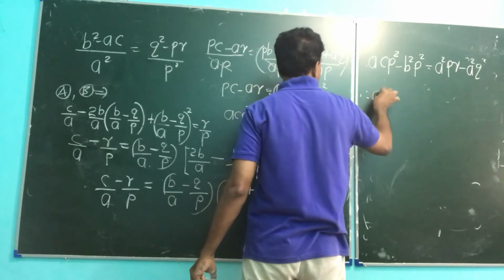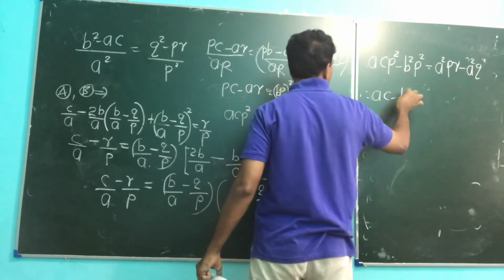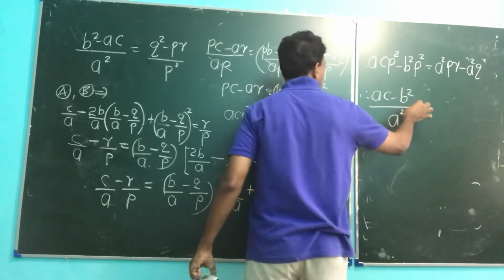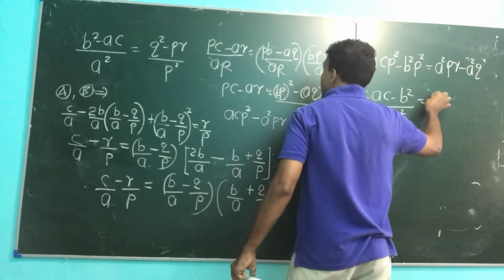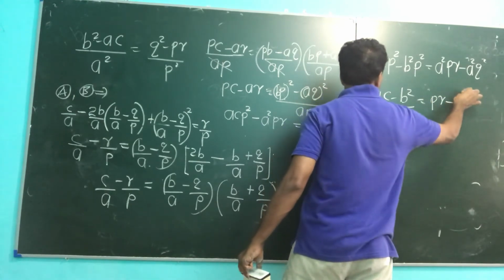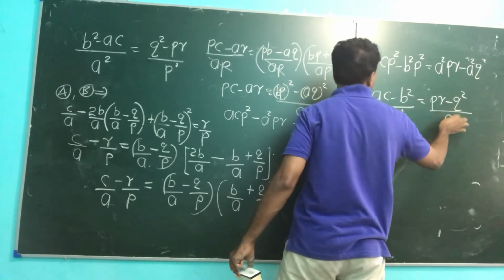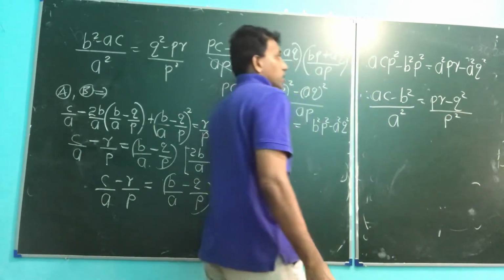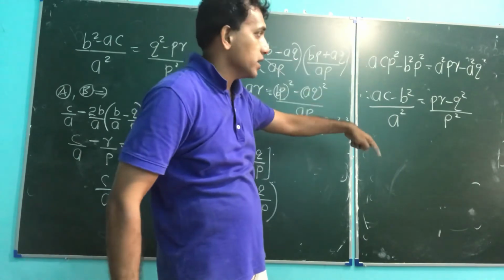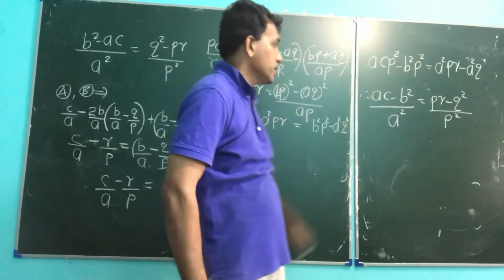Therefore AC minus B square divided by A square equals PR minus Q square divided by P square. Take the P square common, divide that side. Take the A square common, divide this side.